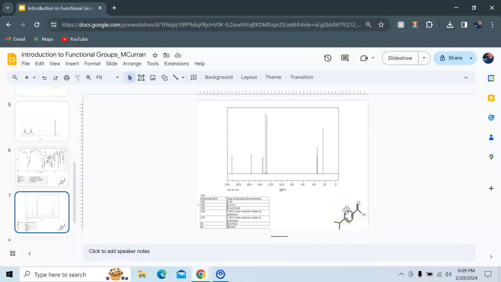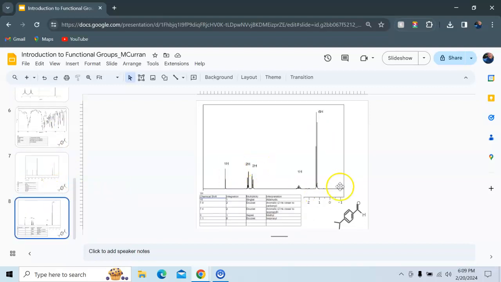And at 125, we have these 2 equivalent carbons here. And finally, this one right here shows up at 35. And then the 2 methyl groups will be equivalent peaks, the furthest upfield at 25.